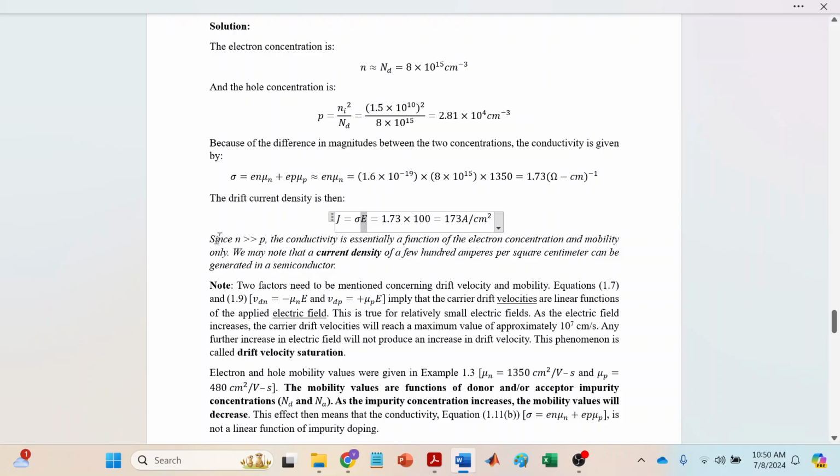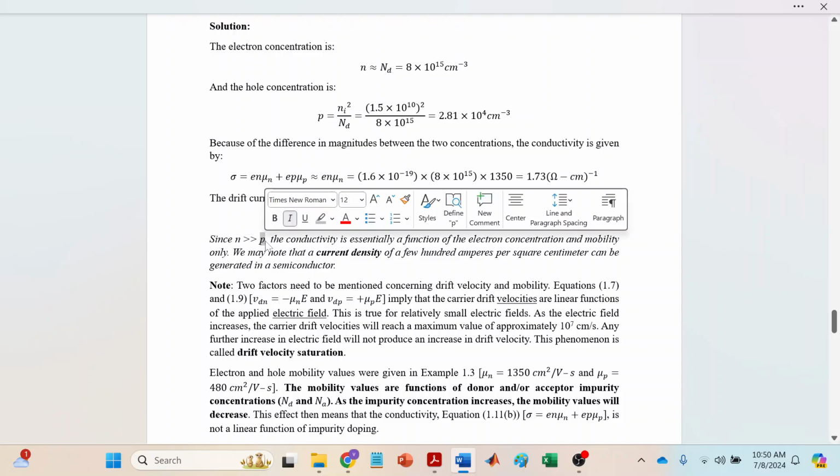I've already said this previously: since the negatively charged electrons are far greater than the positively charged holes, the conductivity is mainly a function of the electron concentration and electron mobility values.